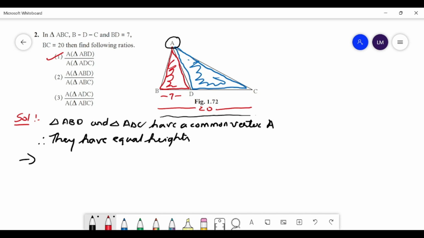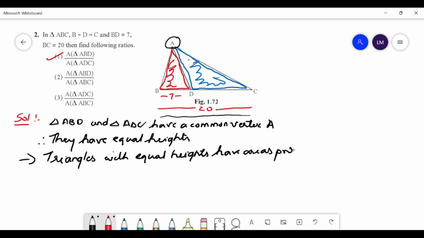Now the statement is: triangles with equal heights have areas proportional to their corresponding bases, right?